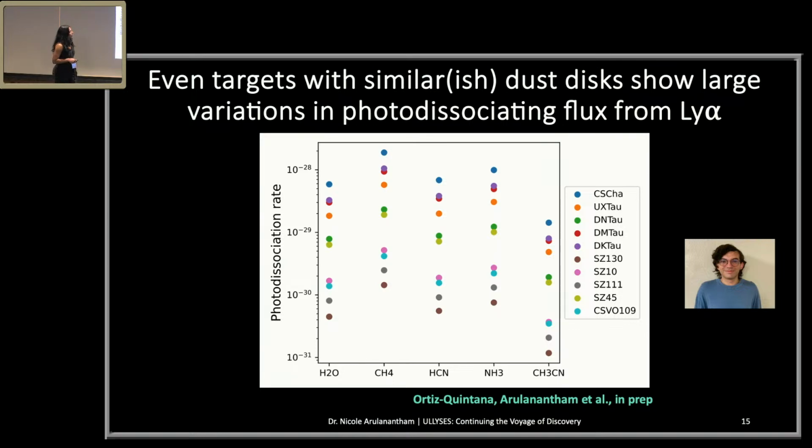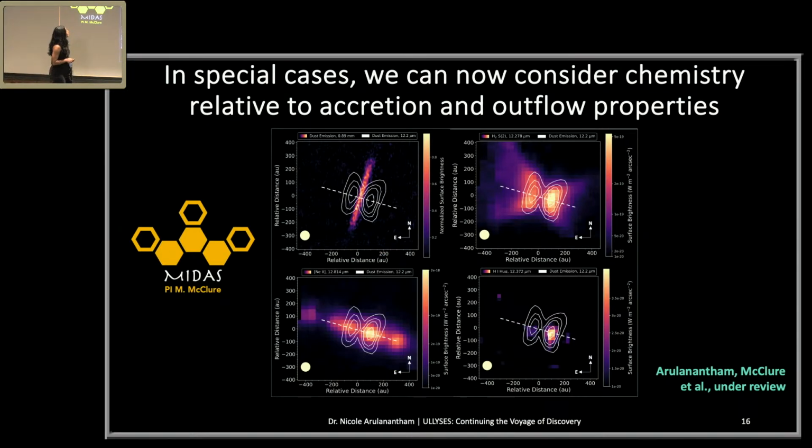And so, in some very special cases, we can actually use observations with the MIRI MRS and get some constraints on them. So these 4 images are from MIRI observations of an edge-on disk in Taurus.